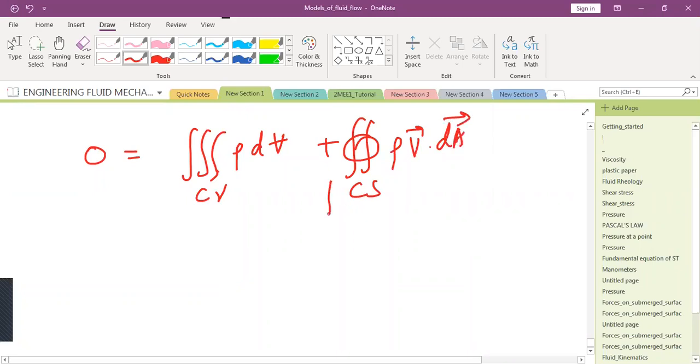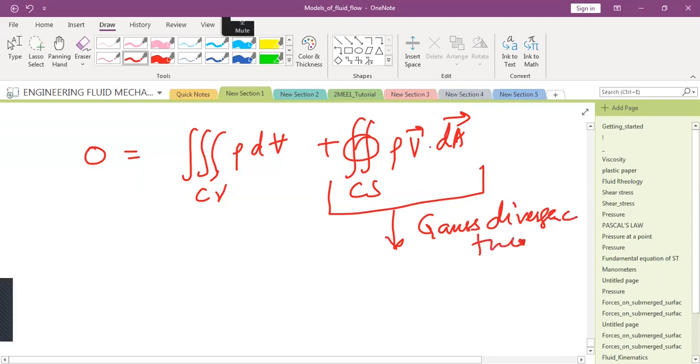Now I want to convert this to a volume integral by the Gauss divergence theorem. What will be the value? What will be the value? Dot V dot dA. So I should write down the triple integral over the control volume.